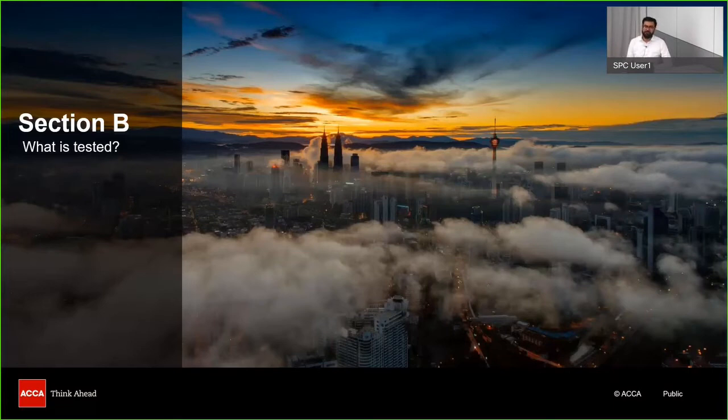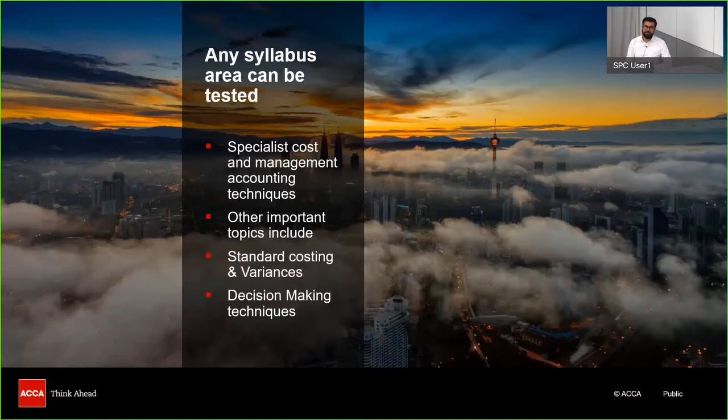From exam syllabus areas perspective, any topic can be tested in section B, but I would emphasize specifically on one syllabus area, one topic, that is costing techniques, because this is a topic that's not tested in section C. So there is high probability that the examiner would test it as one case study question in section B. So when you are preparing costing techniques, prepare it from objective style questions perspective, and the long section C style questions will not be tested from this particular chapter.